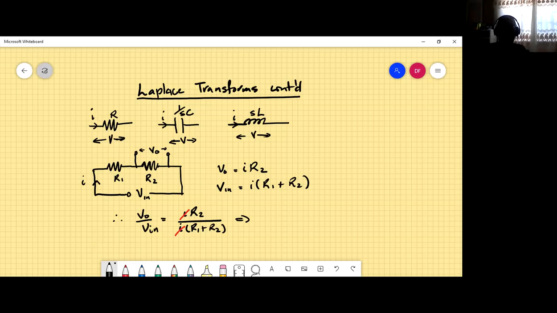So V out is equal to R2 over R1 plus R2 times V in. So that is the voltage divider rule.